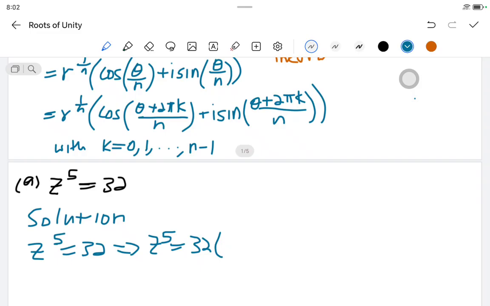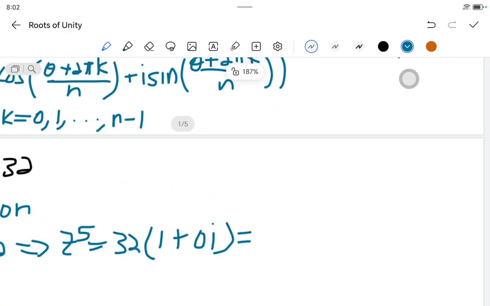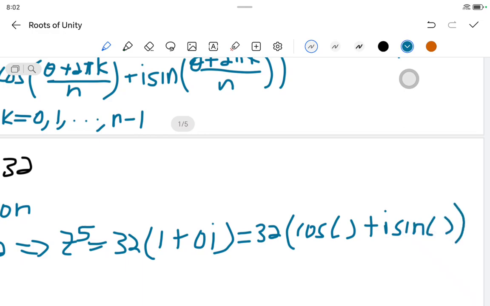This is going to be 32 plus 0i, which now we write in polar form. This is going to be 32 cos of, we need the angle, plus i sine of, we need the angle.